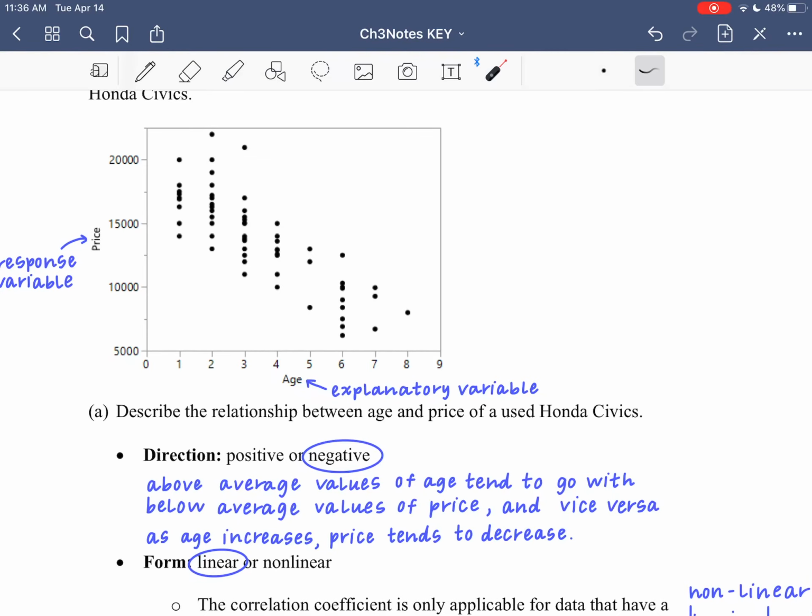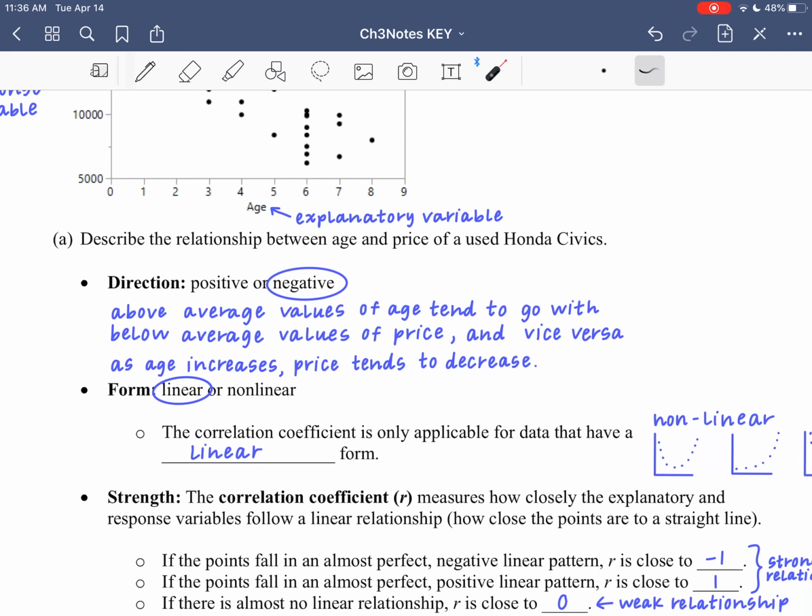Form, we're either talking about linear or nonlinear. In later statistics courses, if you happen to take other statistics courses past this one, you might look more specifically at nonlinear data, and maybe you're looking for a quadratic relationship or an exponential relationship.